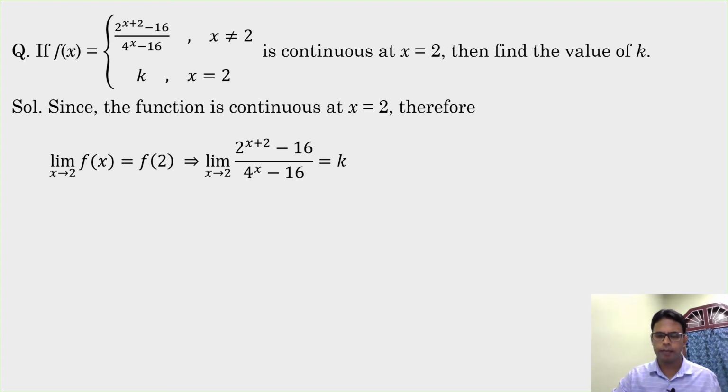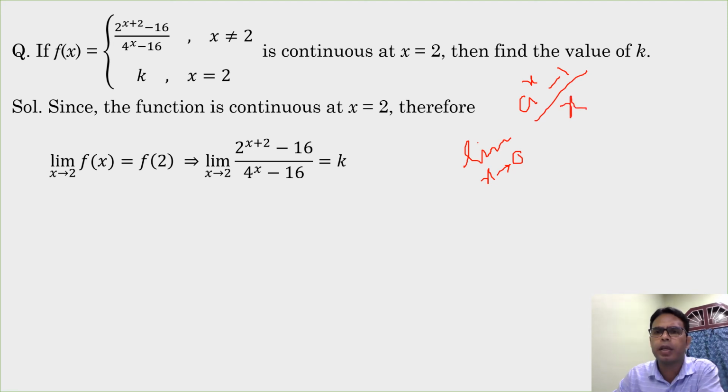The formula is: limit x tends to 0 of (a to the power x minus 1) divided by x, and you can recall the value of this limit is log of a, actually with base e, but it is not compulsory to write e.